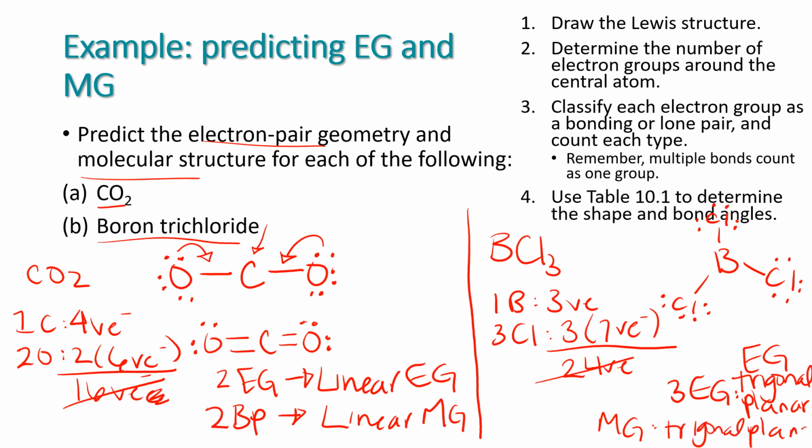So you just use your table. Like let's say I had 2 lone pairs around the central atom plus 2 bonding pairs.